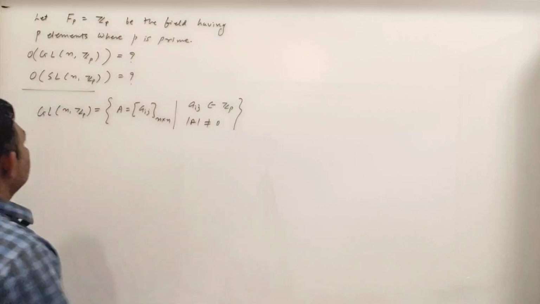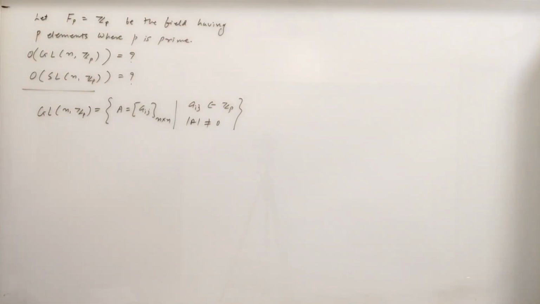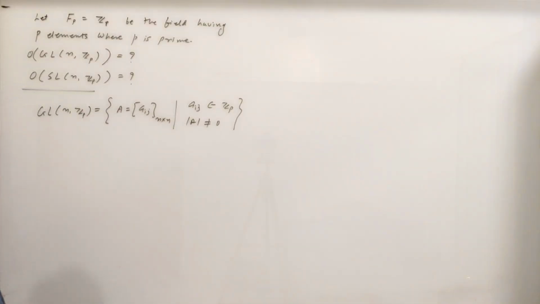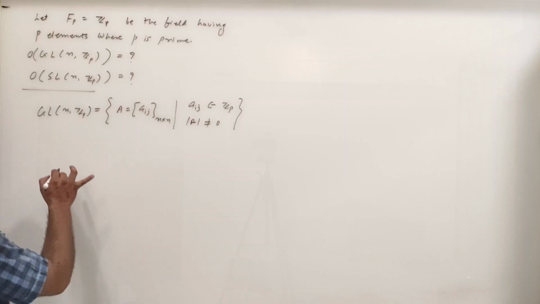So this is what GL_n(Z_p) is. So what we have to do is find how many elements it has.